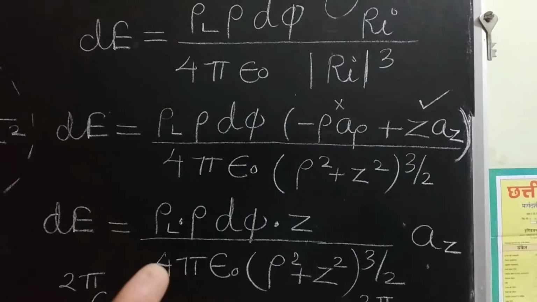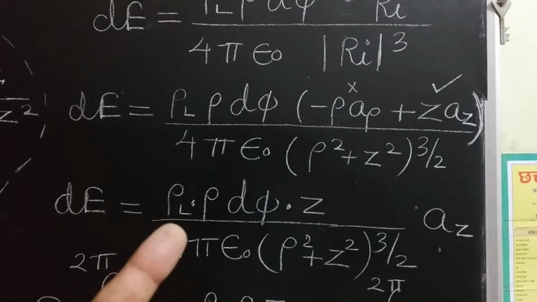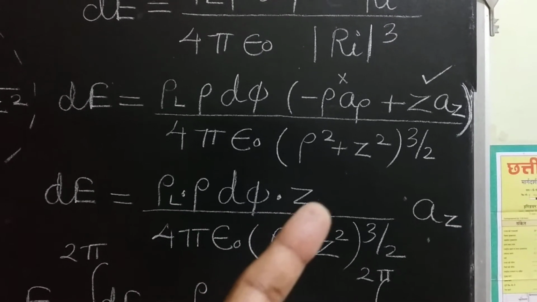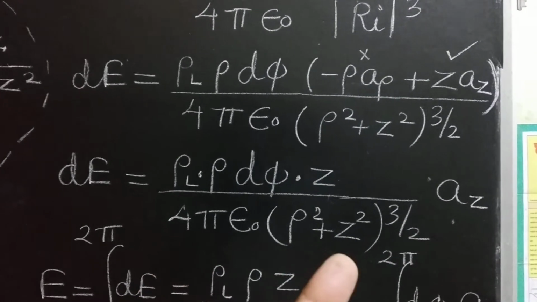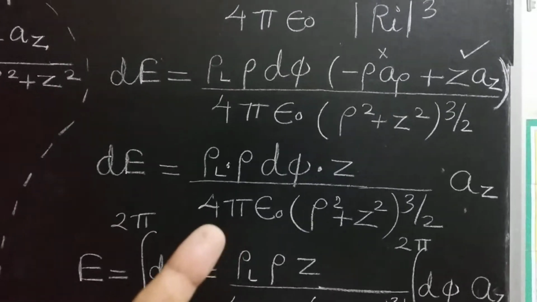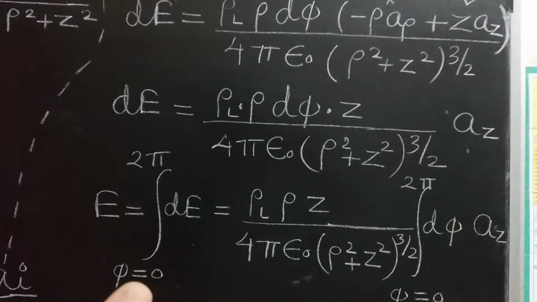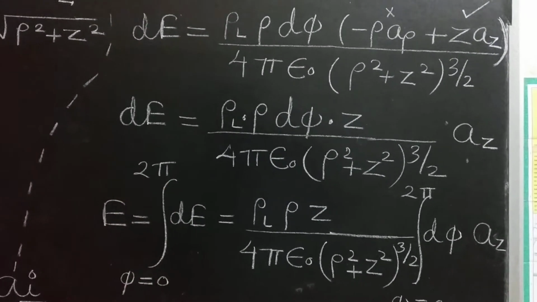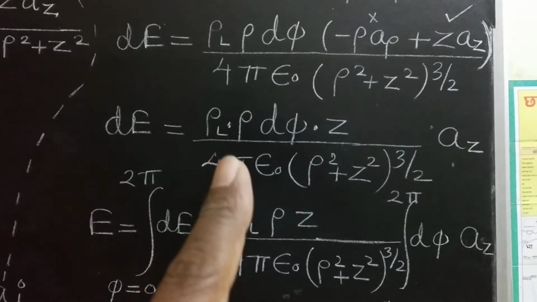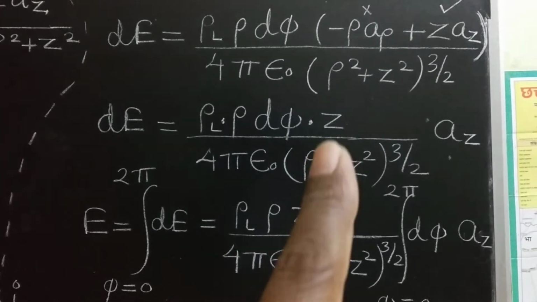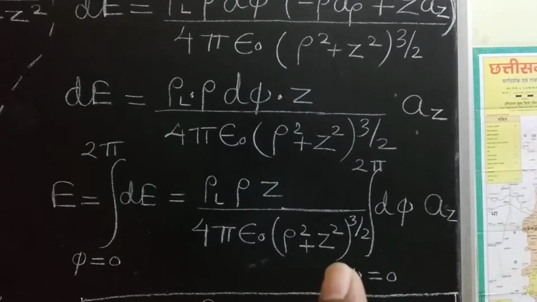Thus our intensity due to a small charge on the circular ring becomes rho L rho d phi times z, in the az direction, over 4 pi epsilon naught rho square plus z square to the power 3 by 2. Other things will be similar. Now for calculating the intensity, this must be integrated from phi equal to 0 to 2 pi. Here rho L is a constant, rho is a constant, z is a constant, 4 pi epsilon naught is a constant, and rho square plus z square to the power 3 by 2 is also a constant.